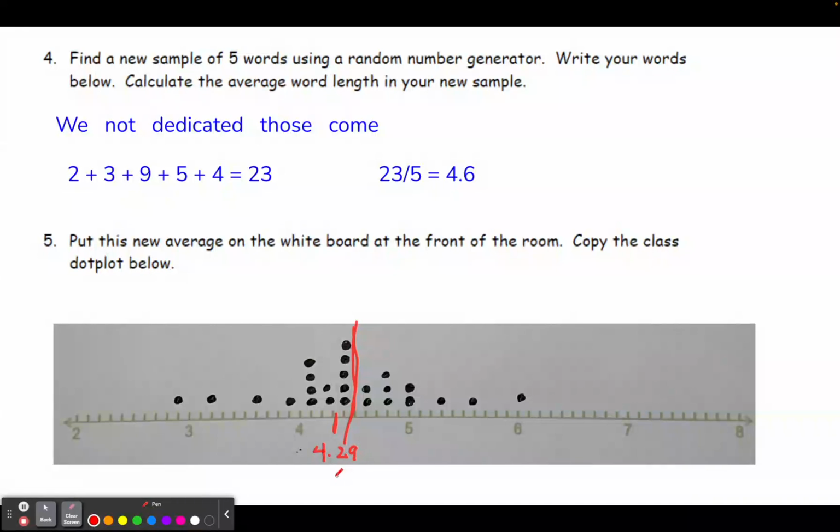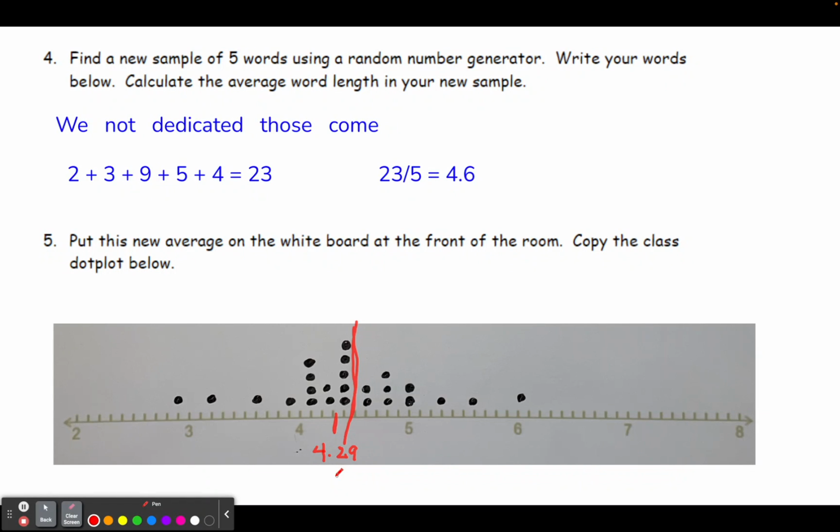So why did our random sample give us better results than our first sample, which we call a convenient sample? Well, with a convenient sample, we tend to pick longer words because they stand out more to us on the page and they're easier to spot. With a random sample, we're more likely to get a mix of short and long words, which is probably a little bit more representative of what is actually in the Gettysburg Address.